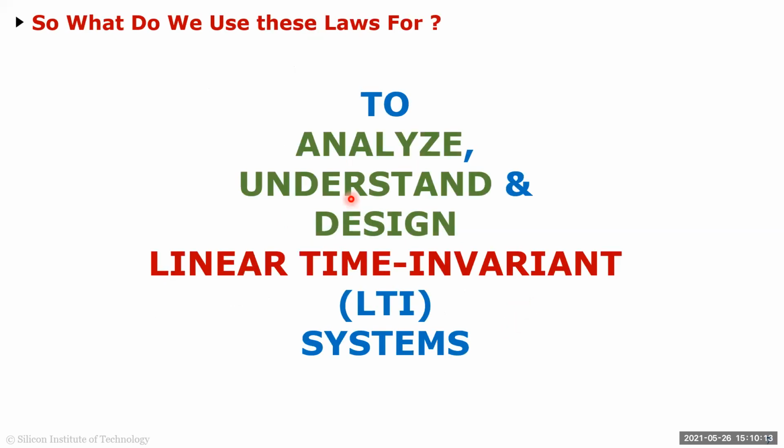Okay, so what do we use these laws for? Most of these laws we are going to talk about now are to analyze, understand, and design linear time invariant systems. Everything you're going to design or analyze is actually a nonlinear system. Nothing is linear in this whole world. Even a resistor is not a linear system actually.